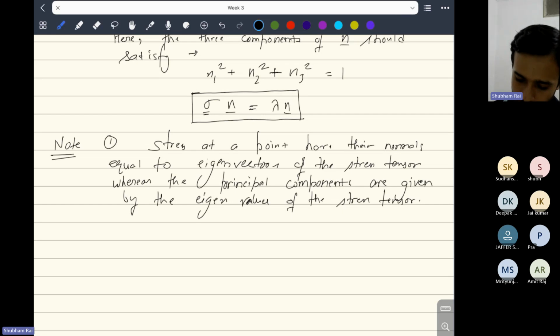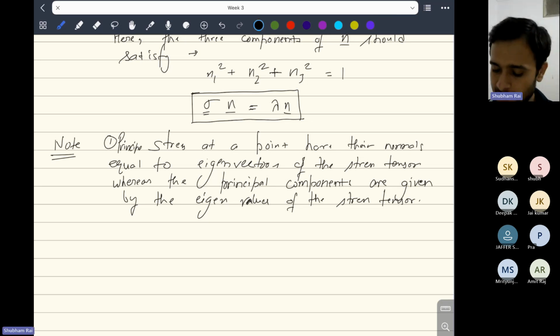So here actually I should write principal stress at a point. Principal stresses at a point have their normals equal to eigenvectors because they are acting on a plane which has its normal equal to the eigenvector. Whereas the components of the principal stresses, not the magnitude, are given by the eigenvalues of the stress tensor. So they can be both tensile and compressive.